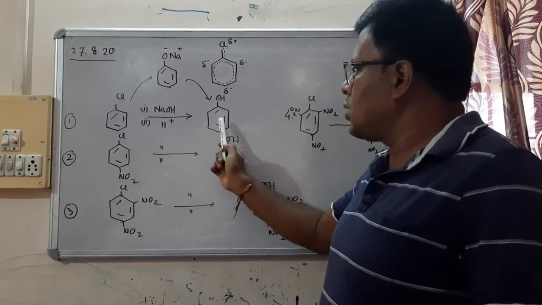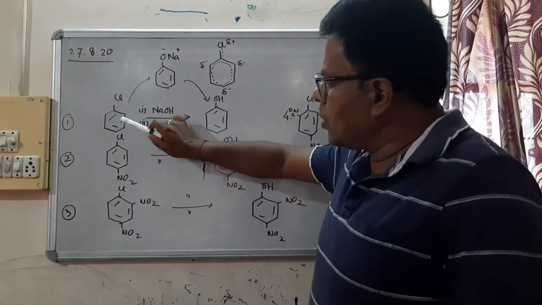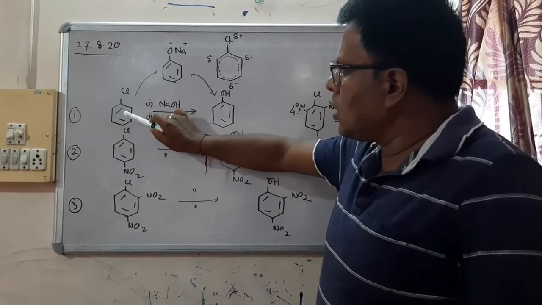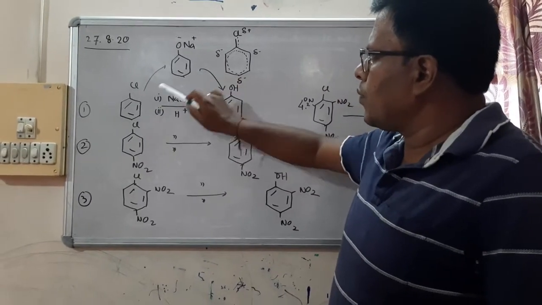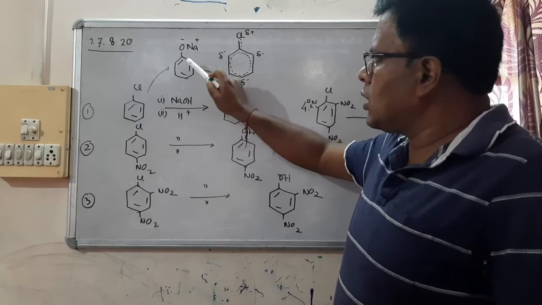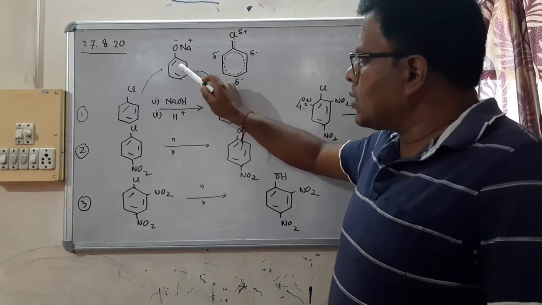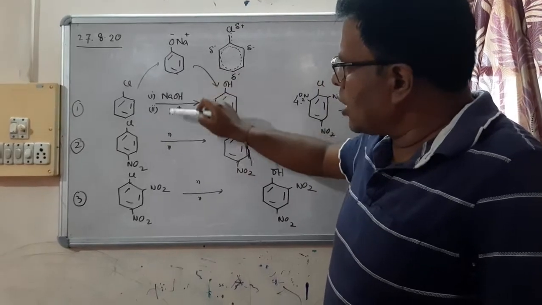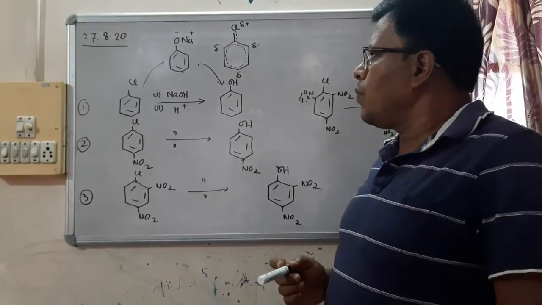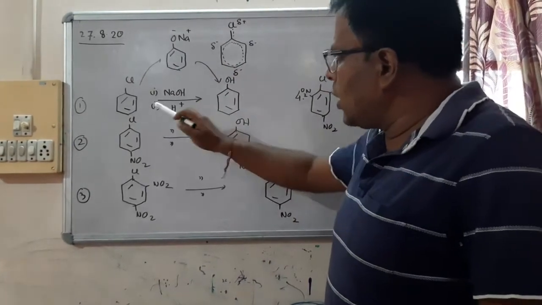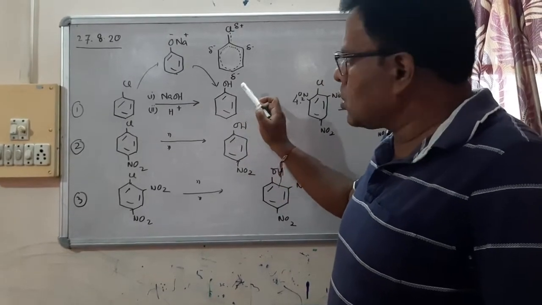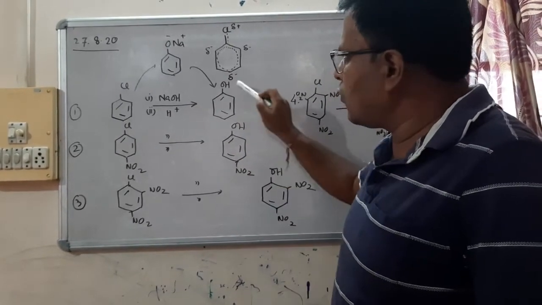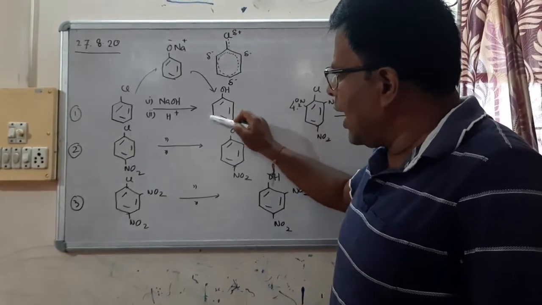Actually, how this reaction takes place, this compound is first changed to this. And then in the second step, on acidification, we get phenol. We don't get phenol directly. It is because, as we will study in the next chapter, phenol is acidic in nature.